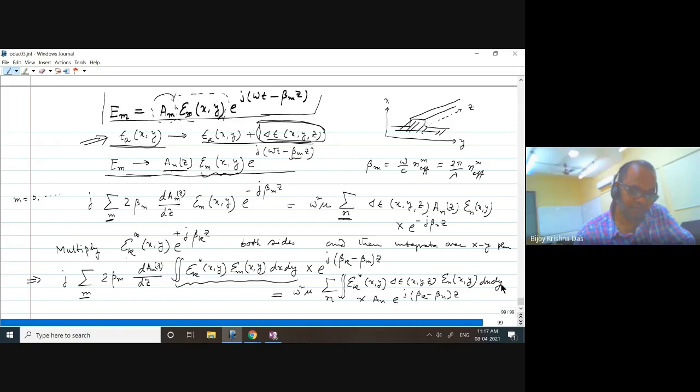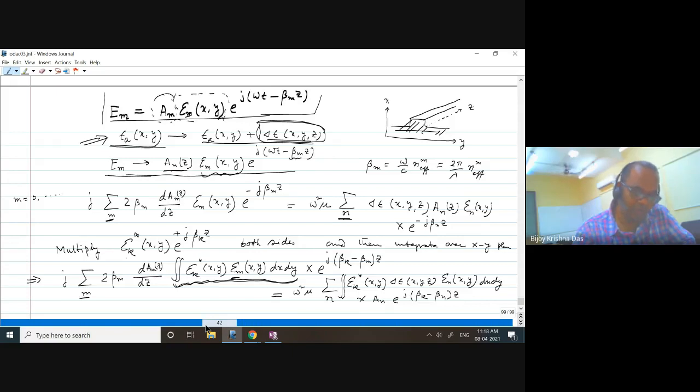For the left hand side, if you look carefully at this one, whenever you are integrating, you have to think of summing over all the modes. This em will be running from 0 to 1. Every value you have to put here, and you have to take the integration, and then keep on adding in the series.